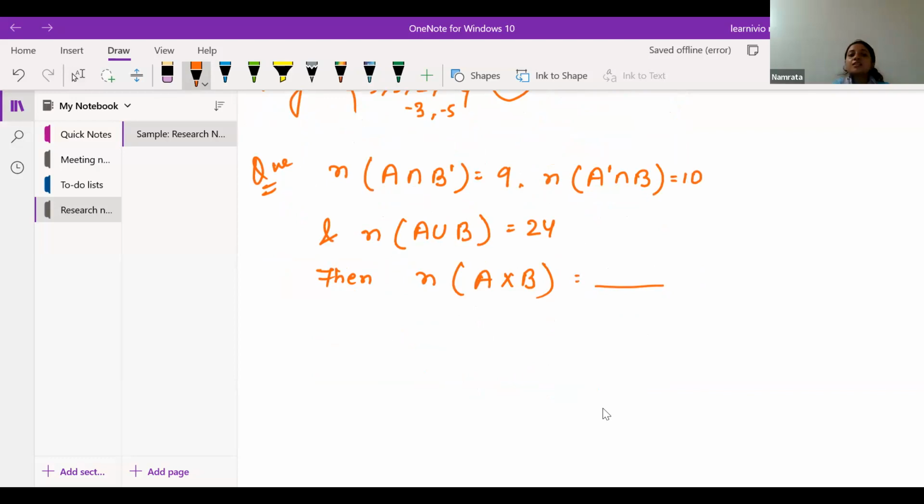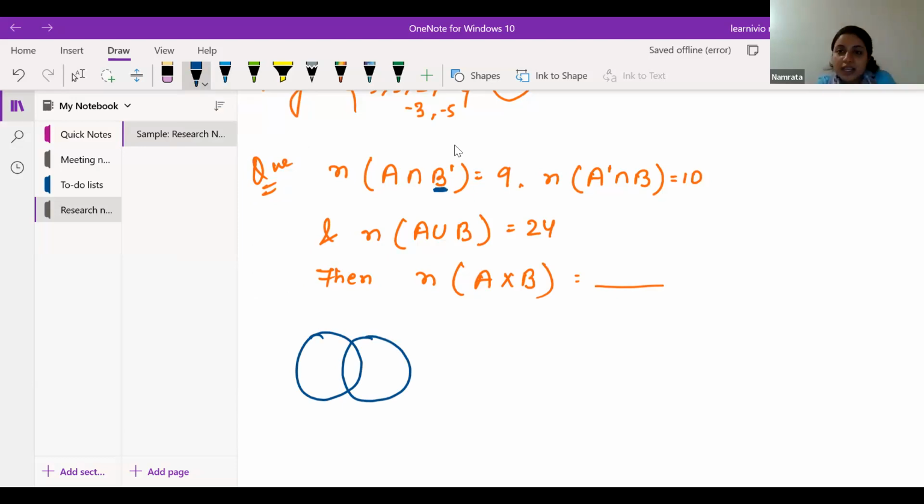Let's understand it with the help of Venn diagram. So A intersection B, that means the common part, but not B, that is B complement. That means complement of any set means what?